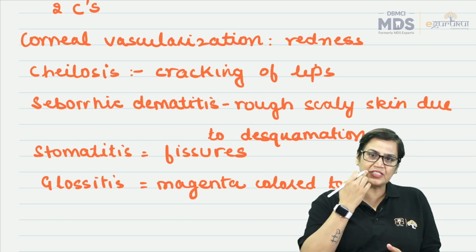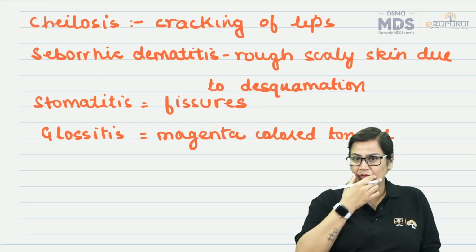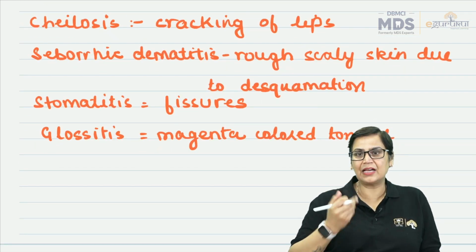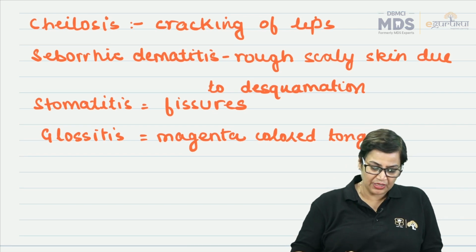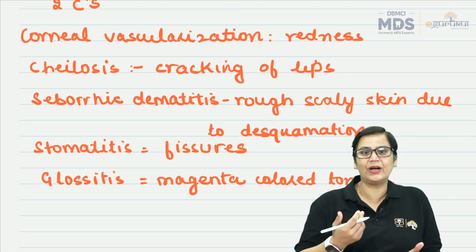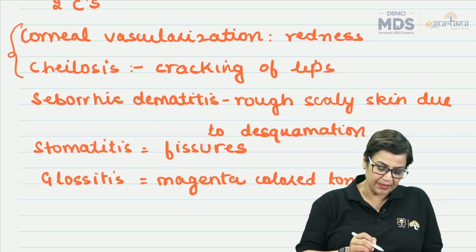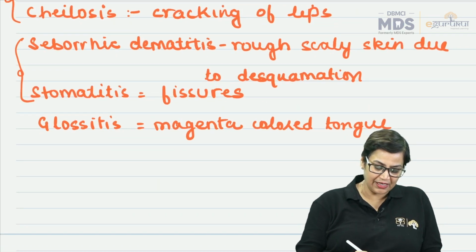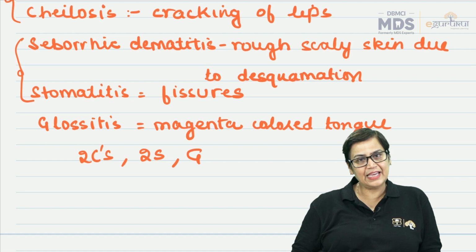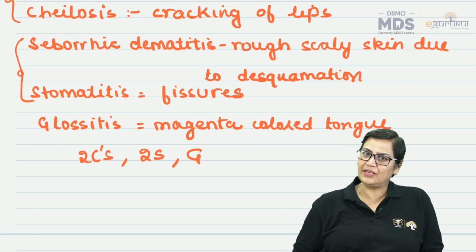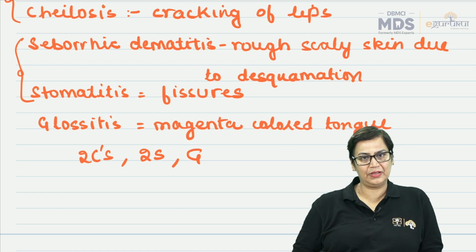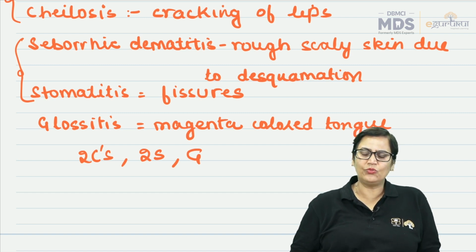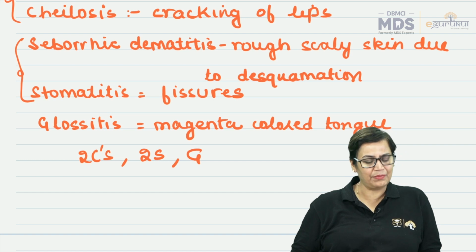There are fissures at the mucocutaneous junction, and glossitis, the color of the tongue becomes magenta. So these 5 are basically, again I am telling you a mnemonic: 2 C's and then 2 S and G. So we can say that 2 C's, 2 S and G. CCSSG are the deficiency manifestations of riboflavin. So these are the 2 very important functions of B1 and B2.